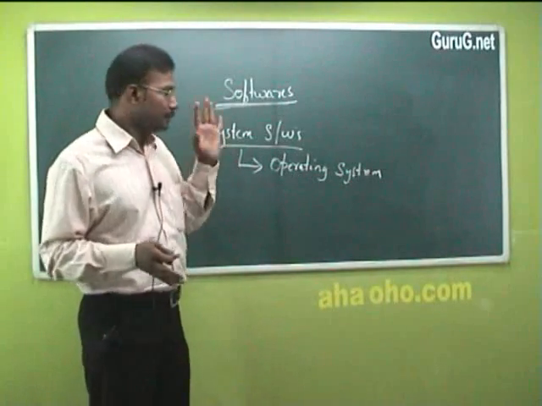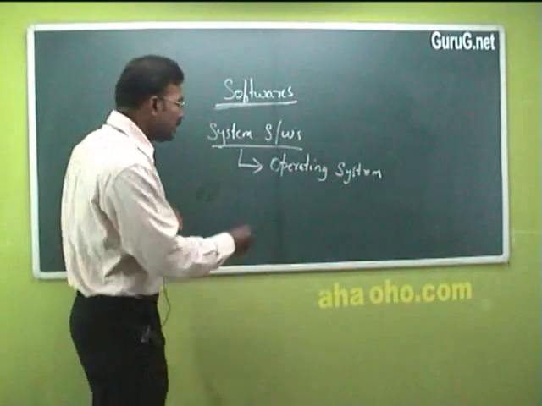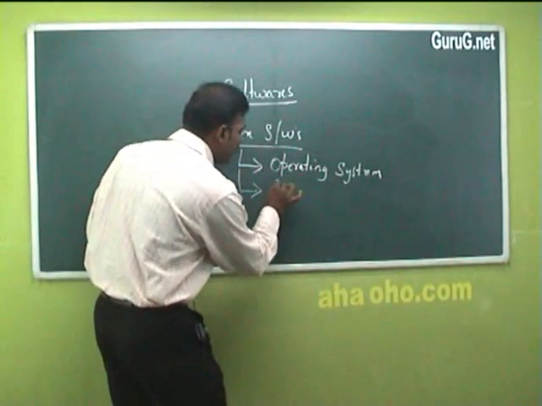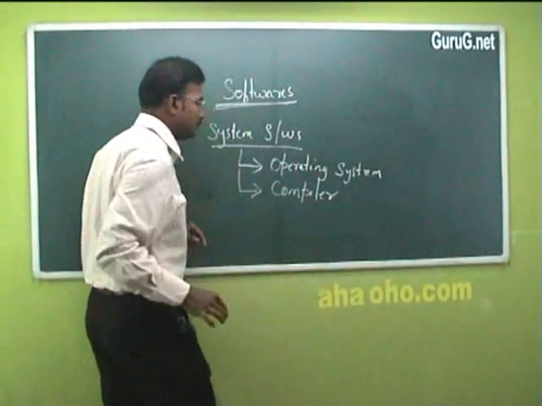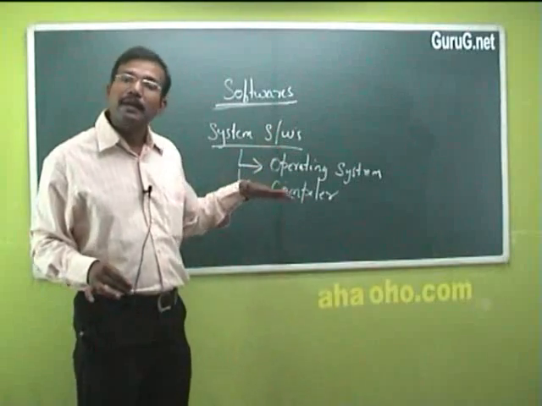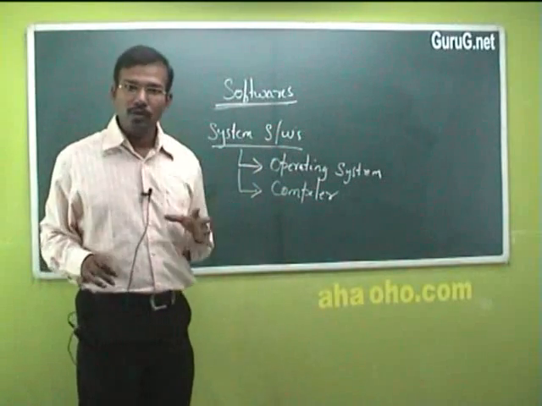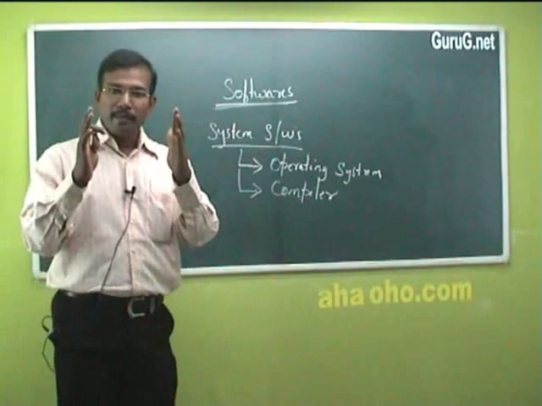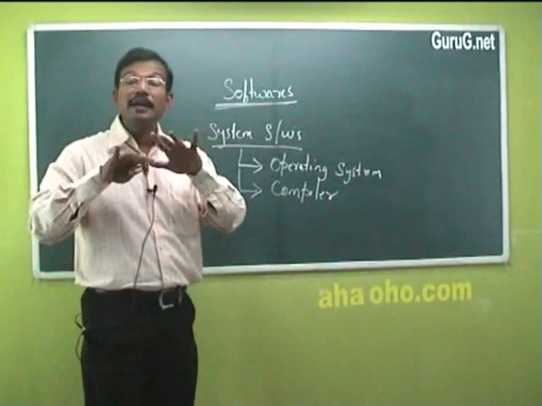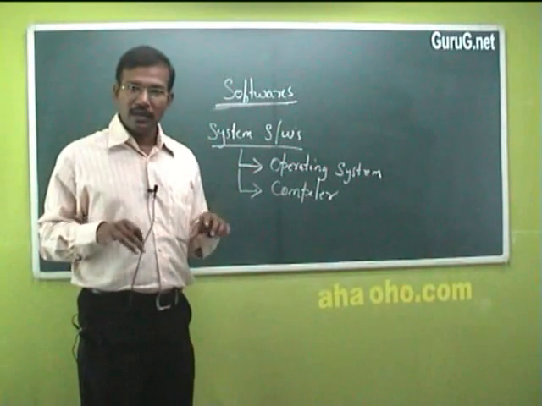These things are possible. Now the next system software we have is the compiler. The compiler is another system software. Most of the programs at this level, we are typing in English using some editor.